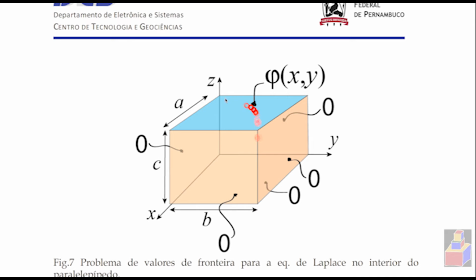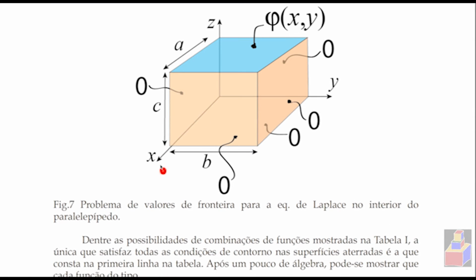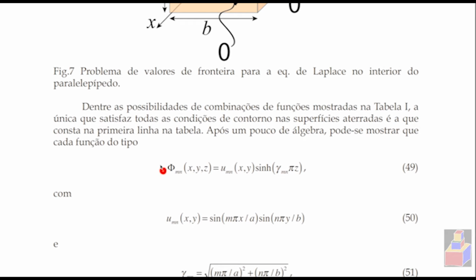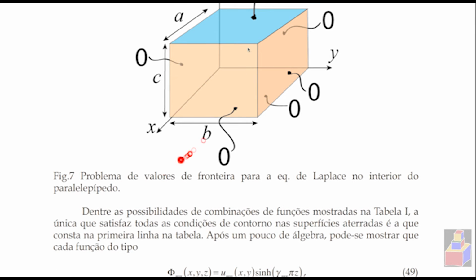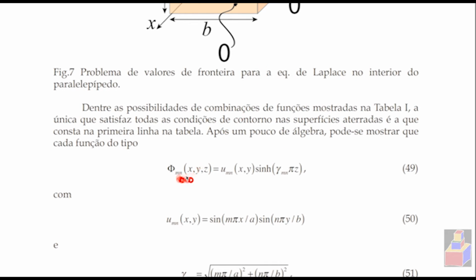So if I have an arbitrary function at z equals c, we can satisfy all the five boundaries, excluding that one, if we choose harmonics like this. The only difference is in z you have, I think this is wrong, there's no pi here, just hyperbolic sine of gamma z.